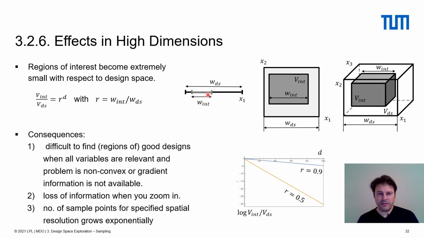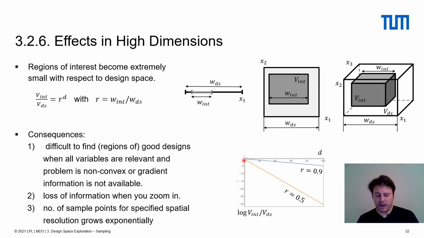So when you increase dimensions, then the volume of the region of interest divided by the volume of your design space would be r to the power of d, where r is the ratio of the interval size for the region of interest and the design space interval size. And now let's say for each design variable, 50% of the design space would even qualify for region of interest.